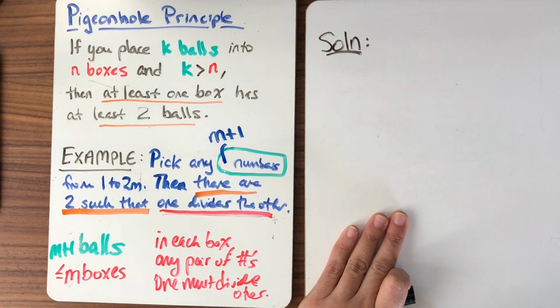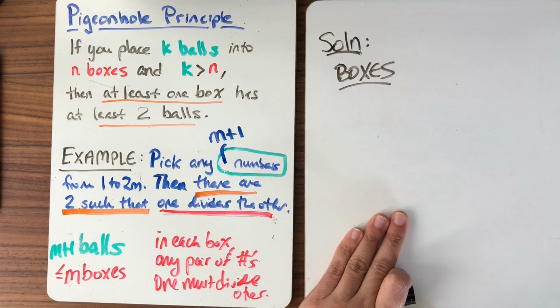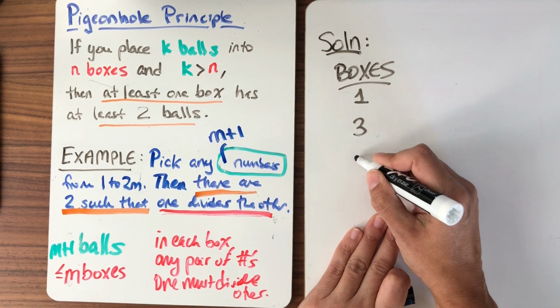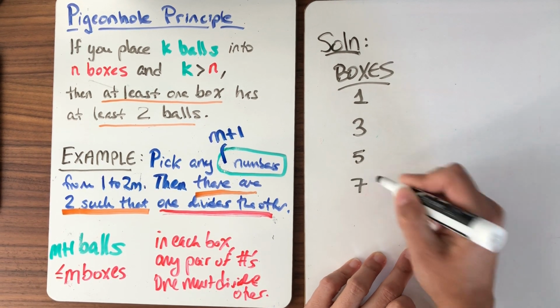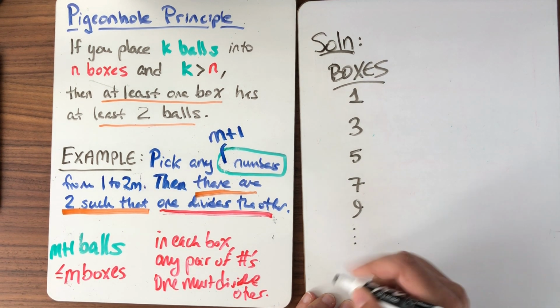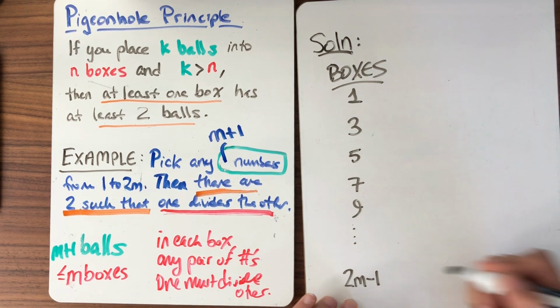Well, again, I'm going to make my boxes. So what are my boxes going to be based on? We saw it worked really well when I picked odd numbers. So I'm going to pick 1, 3, 5, 7, 9, all the way down to, let's see, 2m is my biggest number, so 2m minus 1.